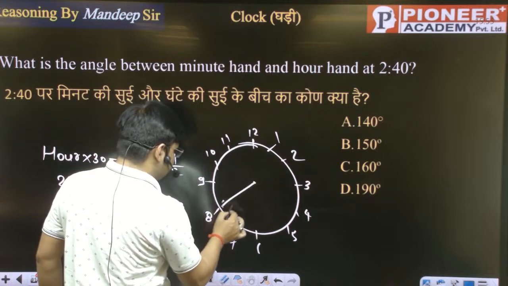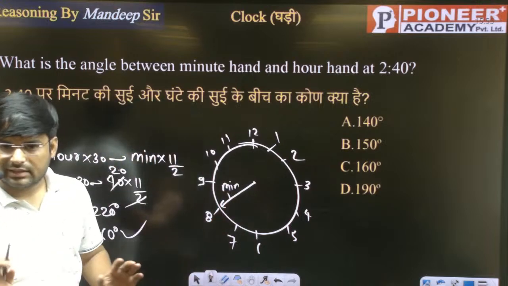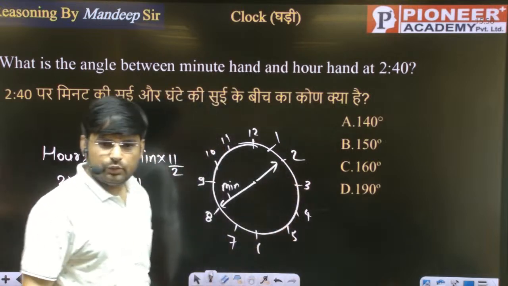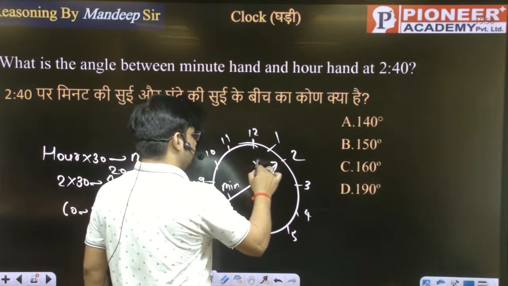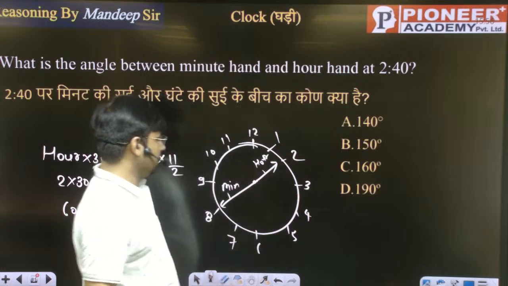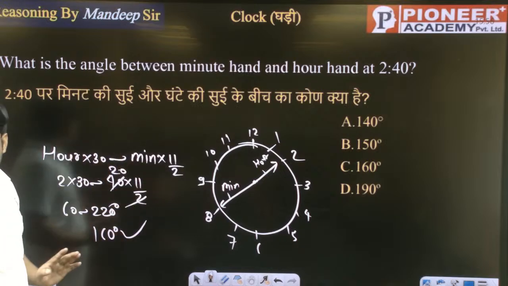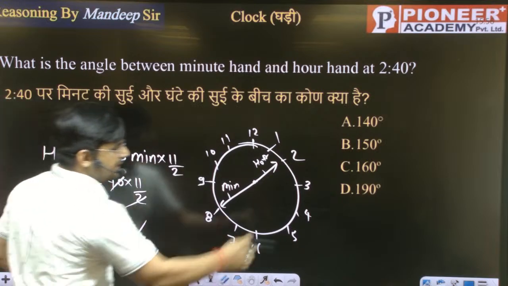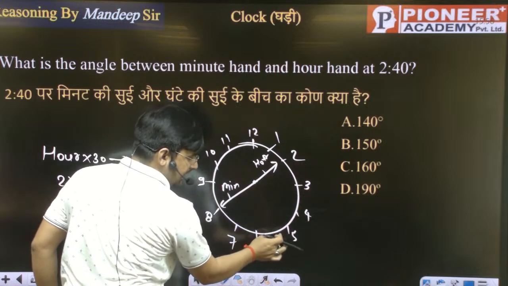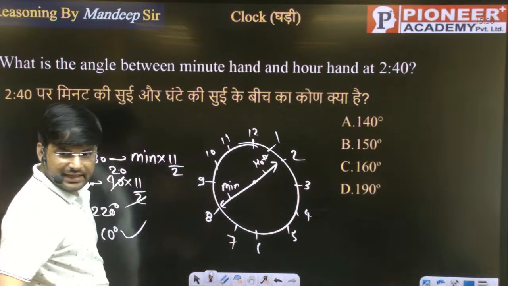The minute hand is at 8 and let's suppose that the hour hand is at 2. How many degrees between the minute hand and the hour hand? 30, 30 plus 30, 60, 60 plus 30, 90, 90 plus 30, 120, 150 and 180.